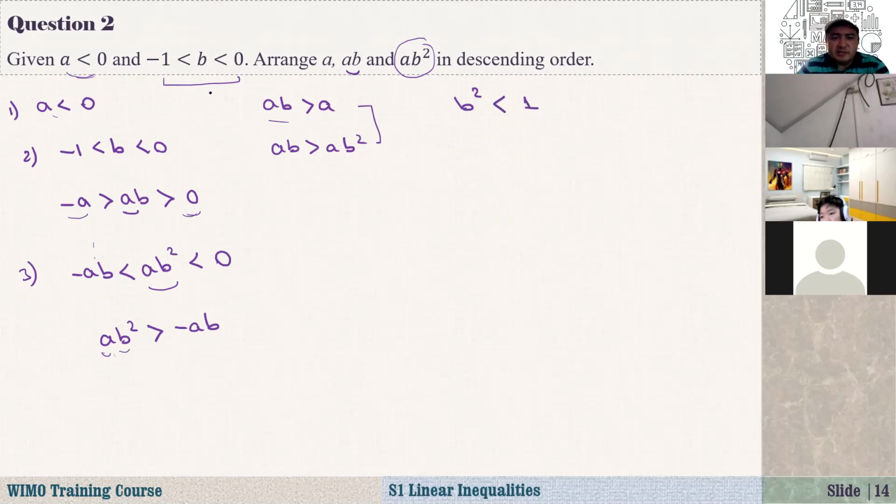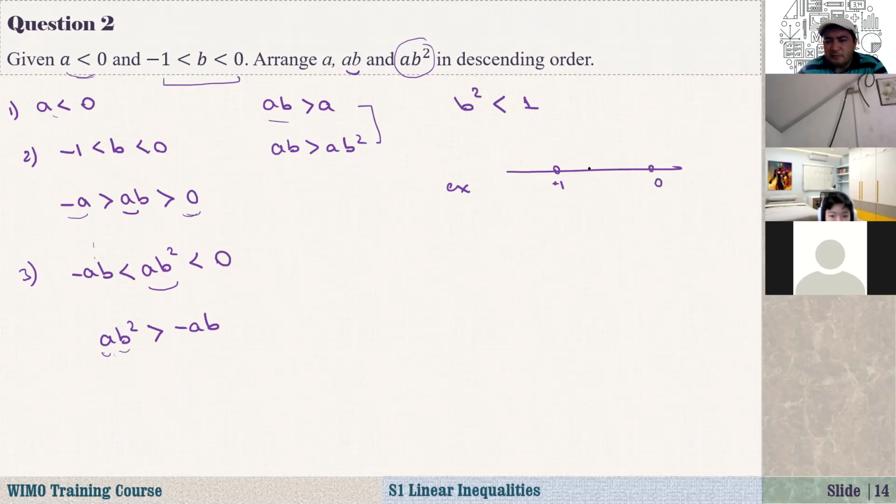Why? Because B is between negative 1 and 0, right? If you pick any number from this interval, its square will be less than 1. For example, let's say here we have negative 1 and here we have 0.